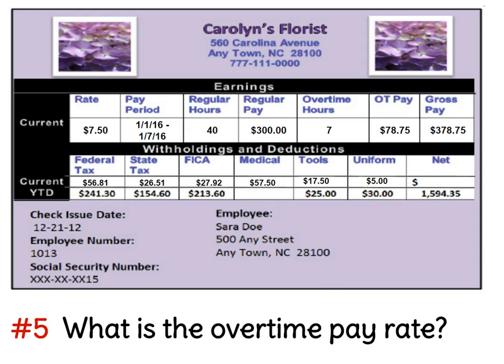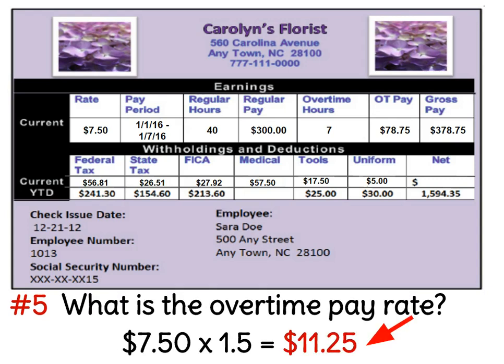Number 5, what is the overtime pay rate? Well, now that one was a little tricky because it's not found on her pay stub. But you know how to calculate overtime pay rate. You take the rate of pay, which in this case is $7.50.